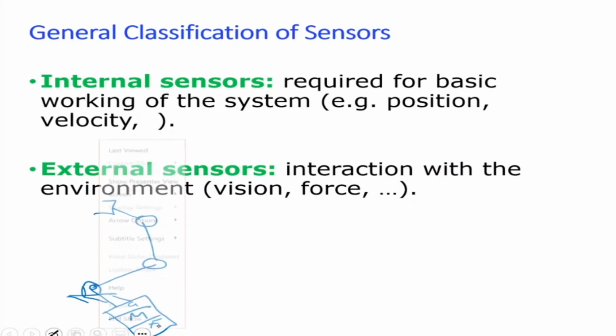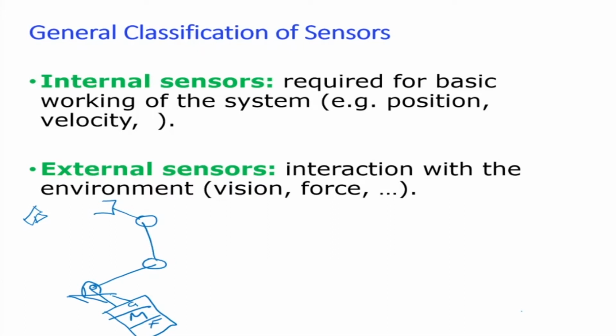This encoder here is a position sensor, and it essentially senses the position of the link at every instant. But a robot can have other kinds of sensors also. For example, there can be a vision camera, and there can be ultrasonic sensors for a mobile robot which is sensing distance to obstacles. So there are different kinds of sensors in the robot, and these sensors are classified based on these two groups.